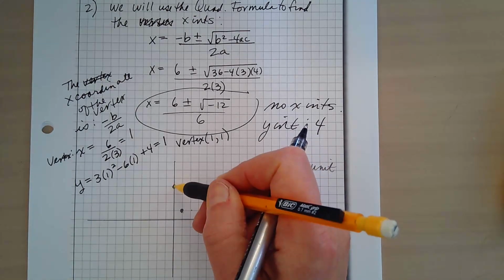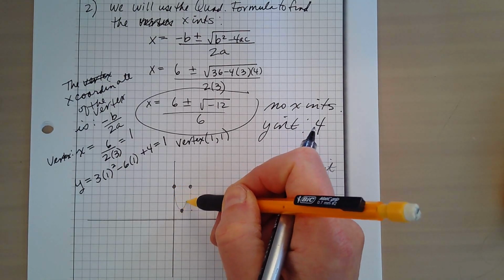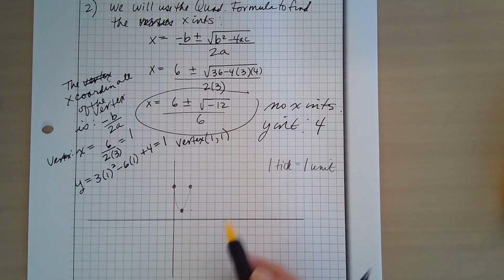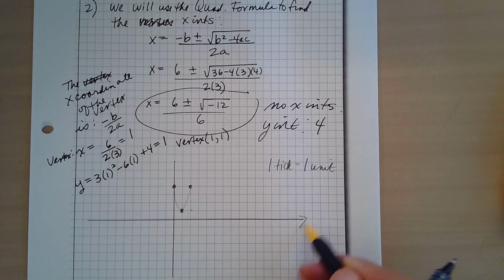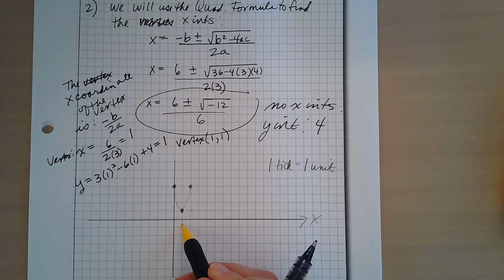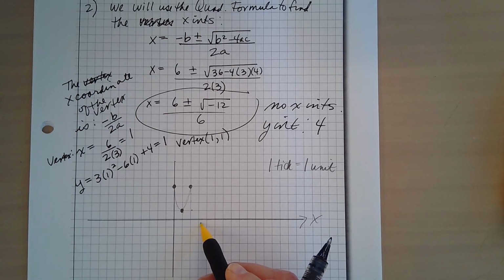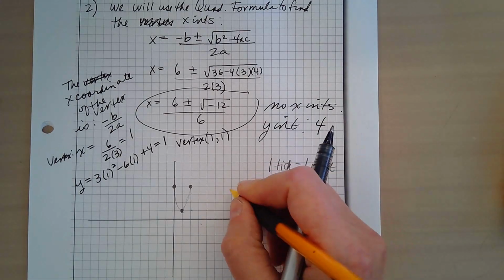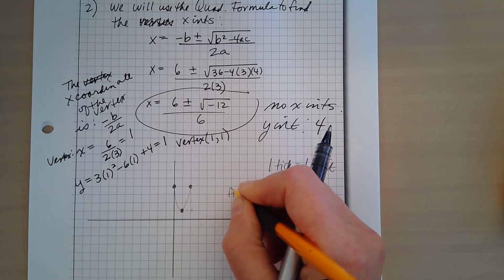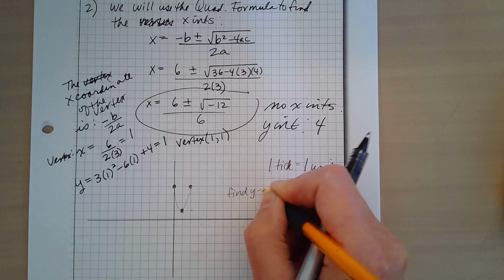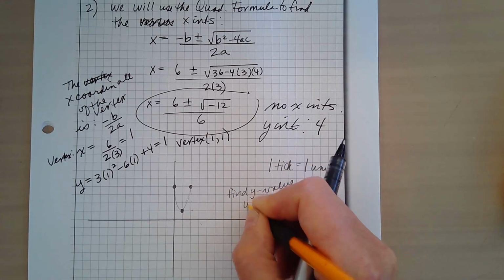So I know that my parabola is kind of starting out like this. Let's pick a point over here maybe. Give me another x value, Joanna. This is 1, 2. So give me an x value larger than 2. 3, okay. Let's find the y value when x is 3.